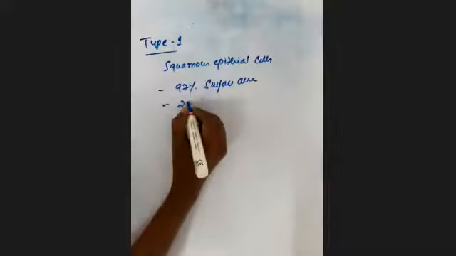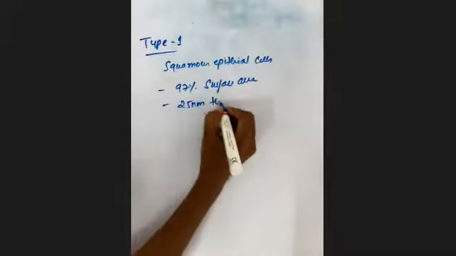If the alveoli are 100% in total, 97% is type 1 alveolar cells. They are 25 nanometers thick and highly permeable to gases.